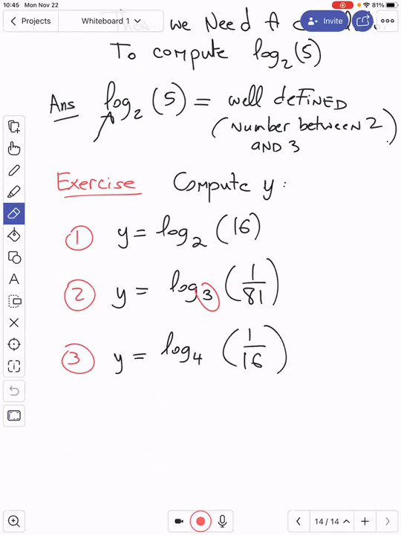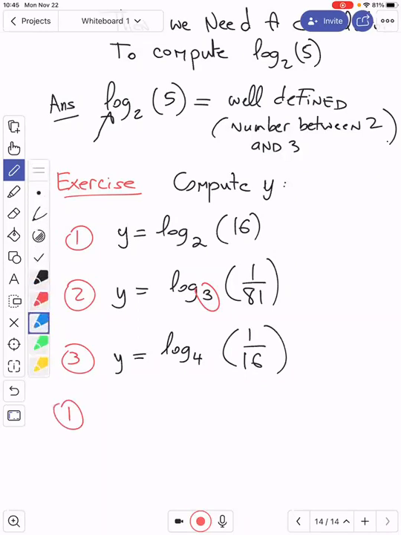All right, guys. For number 1, this is your A, this is your base, and this is your X. The question is, for which power of A? A is 2, so A to the power Y would be X. So for which power of 2?